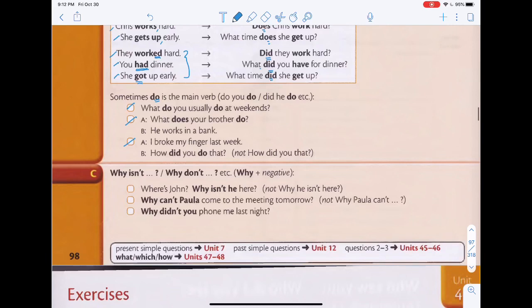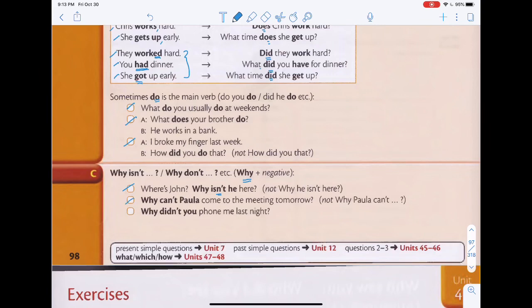Now last part, why isn't, why don't. So this will be why plus negative. Where's John? Why isn't he here? Okay, so following why or what, it'll be why isn't he here, not why he isn't here.